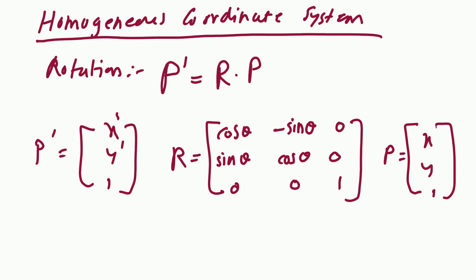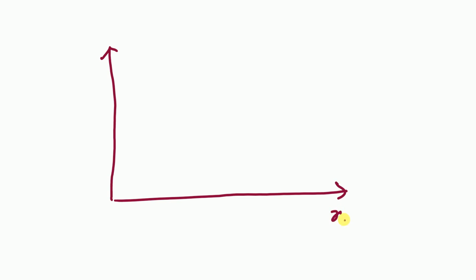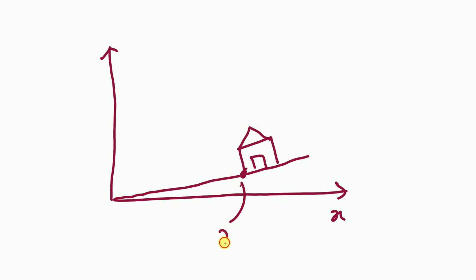So let's have a look at the pictorial representation of the rotation operation. That's the y axis, x axis. Assume that the object is present initially at this location. This particular point of the object has x and y as its location, and it has the initial angle phi.